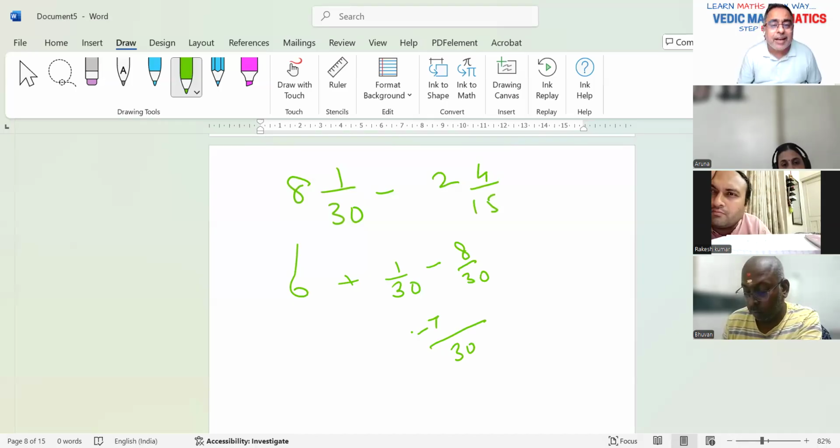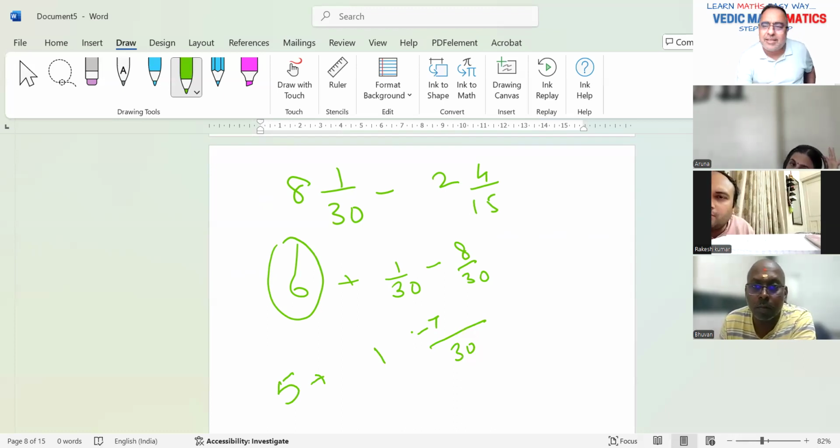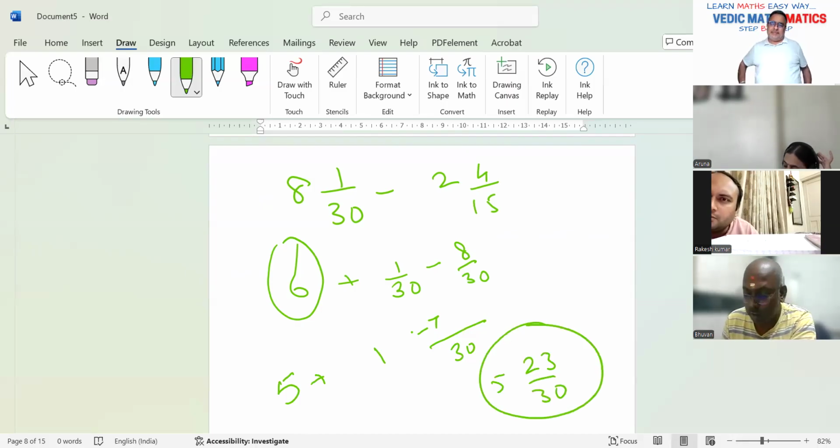Now see, in such cases, this is 6. Can I write 5 plus 1 also, no? If from here I give 5 plus 1 here, then what does 30 minus 7 become? 23.